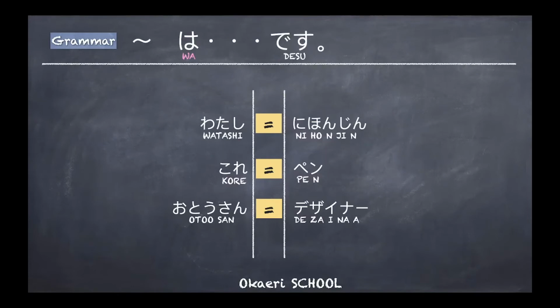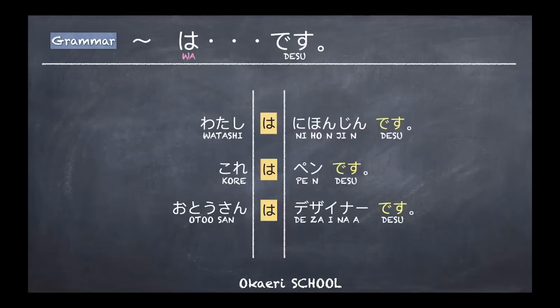And then this equal part, you put ha, but it reads wa. You write ha, but this reads wa. And then this at the end of the sentence, so after you replace words, desu.